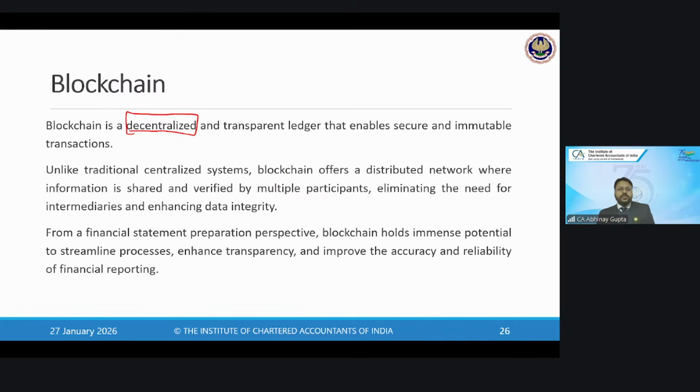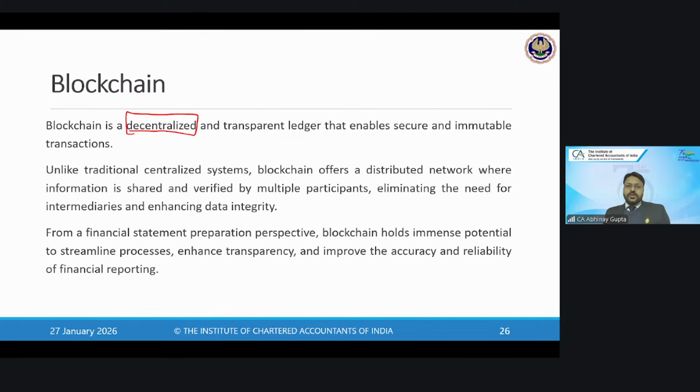So blockchain is basically working on a decentralized way of data handling. It is not about information being handled in a centralized manner and available at one place only, from one source only, which can be verified from.